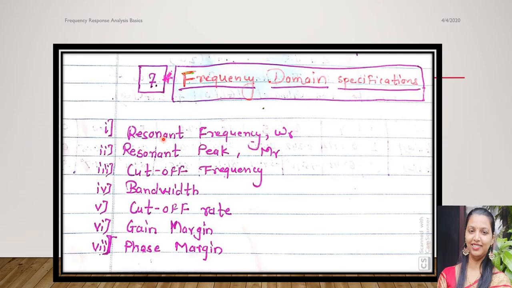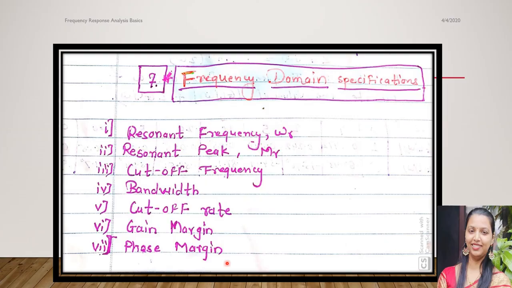First is the resonant frequency ωr, second is the resonant peak Mr, third is the cutoff frequency ωc, fourth is the bandwidth, fifth is the cutoff rate, sixth is the gain margin, and seventh is the phase margin. The first five characteristics are closed loop characteristics, and the remaining two, the gain margin and phase margin, are open loop characteristics.